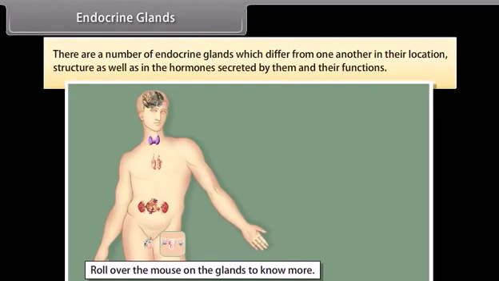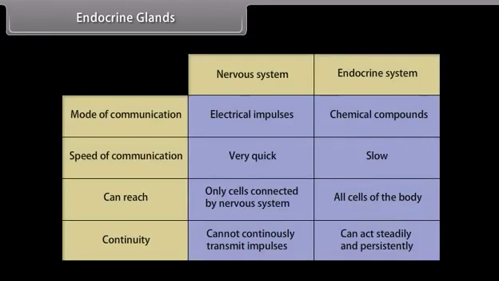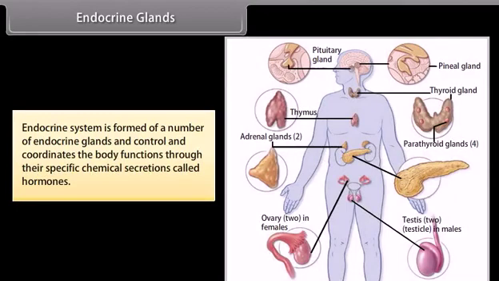There are a number of endocrine glands which differ from one another in their location, structure, as well as in the hormones secreted by them and their functions. Endocrine system is formed of a number of endocrine glands and control and coordinates the body functions through their specific chemical secretions called hormones.